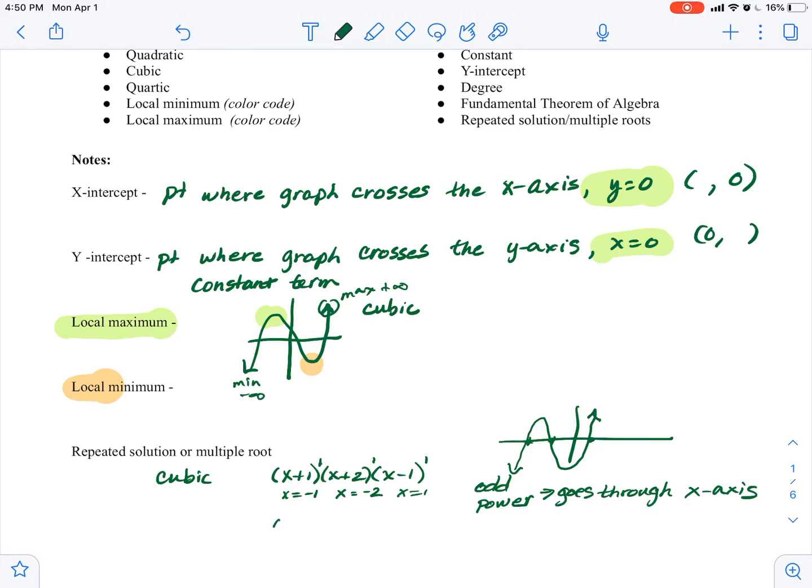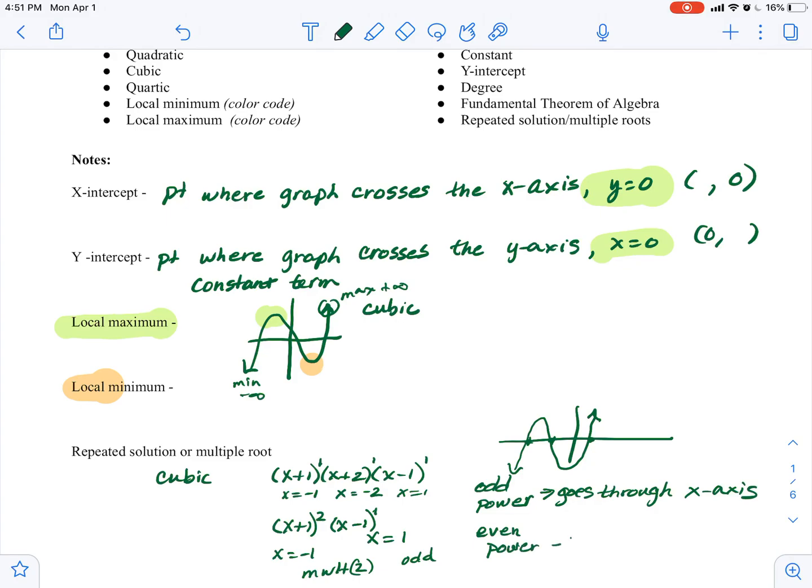Now if I have a cubic though that has x plus 1 squared, we'll do that, and we'll do x minus 1. So this would be x equals -1, and we would say it has a multiplicity of 2. Okay, multiplicity of 2 because it occurs twice. And then this would be x equals 1, again, which is an odd power. So what happens then if it is an even power?